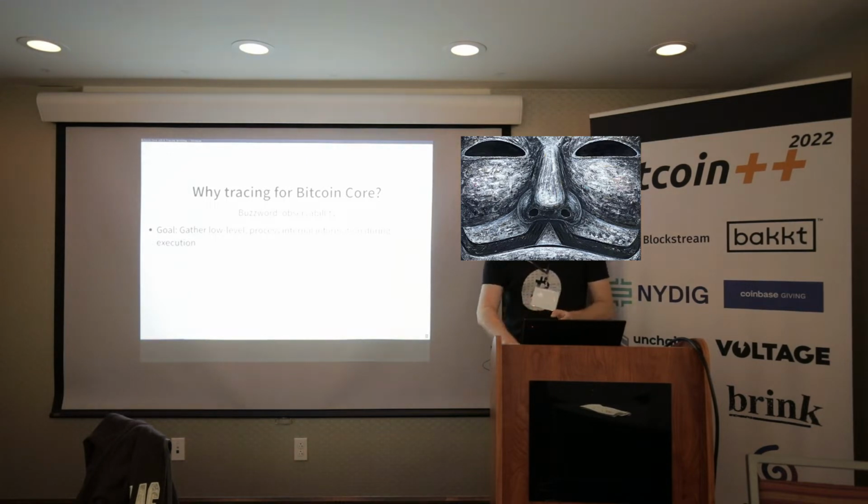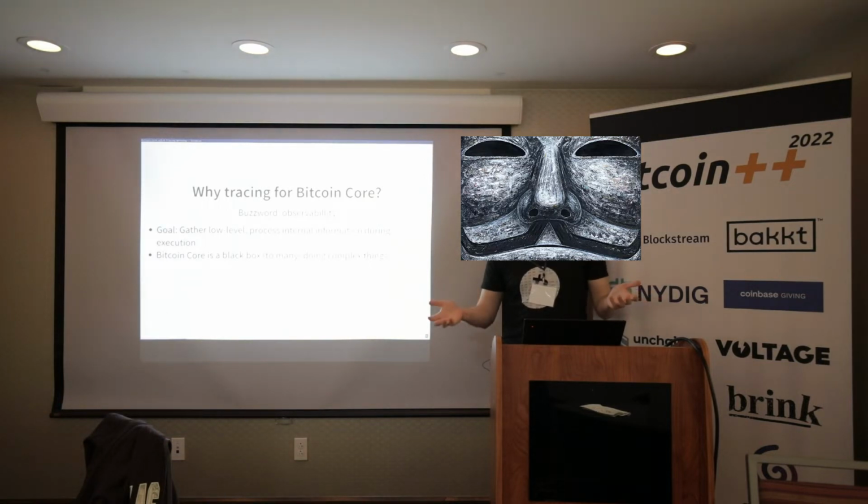But I'd say Bitcoin Core is a black box to many. There are only a few people in the world that actually know what it's doing over all parts of it, and it's doing a lot of complex things.